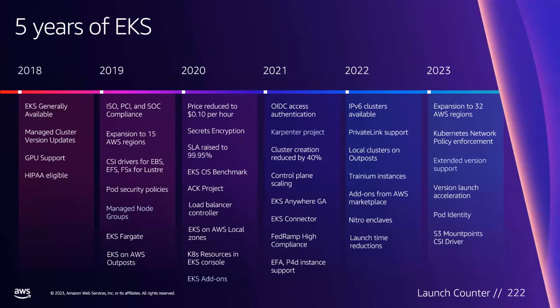And then from 2019 to 2020, focus on the data plane. In these years, we introduced features like managed node group. Mark already mentioned some challenges when you do upgrades. Managed node group is a way to streamline the upgrade process. And we also provide lots of add-ons to help simplify your day-to-day management.